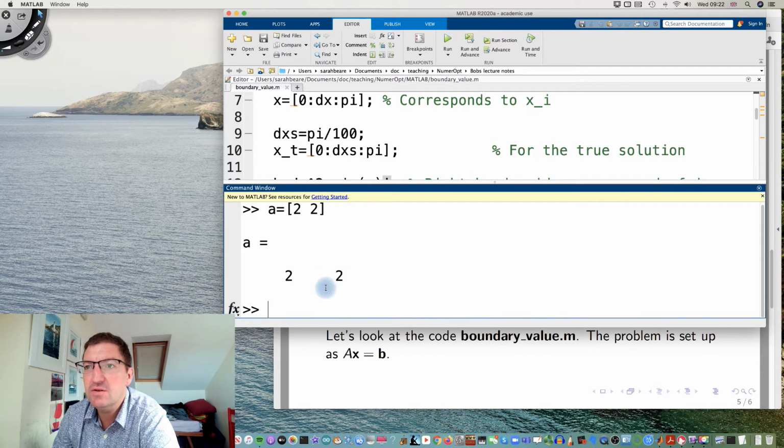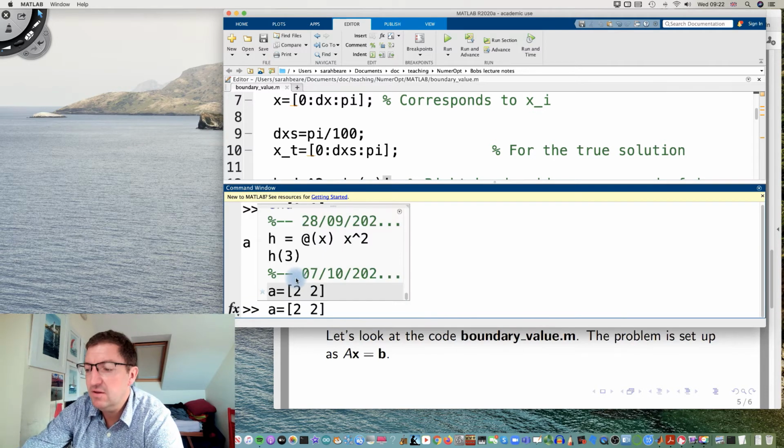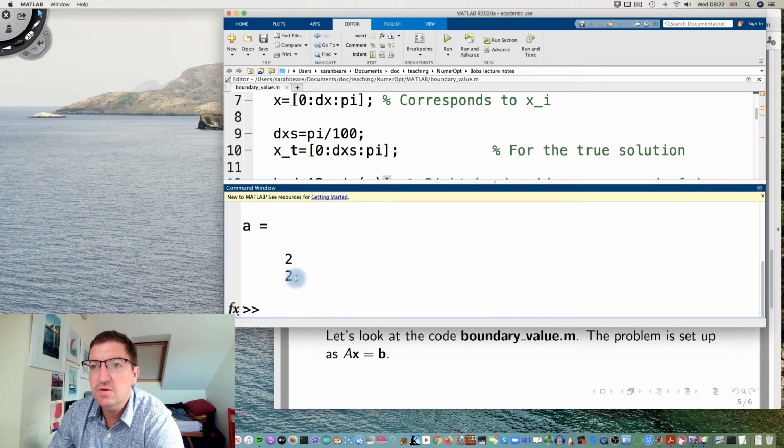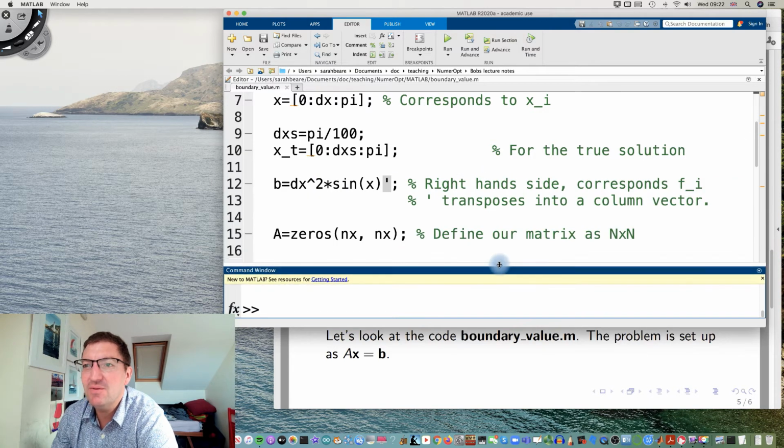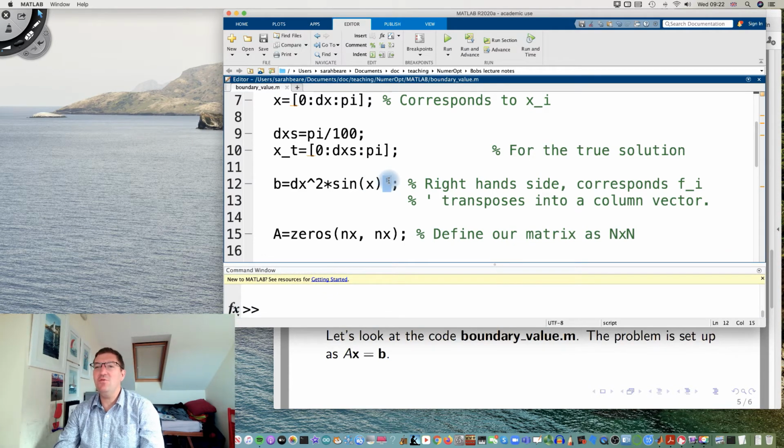But actually what we need to plug into our matrix inversion problem is a column vector. So we do the transpose. And remember, the transpose is very compact notation in MATLAB. It's sometimes too compact. It's a shame it's not something like T, but it's the inverted comma. And don't forget about this. That means you're transposing it. So we're converting what would be a row vector of values into a column vector.